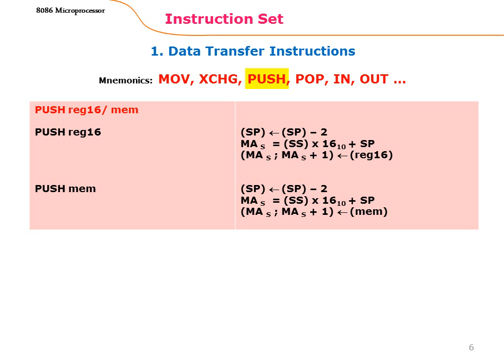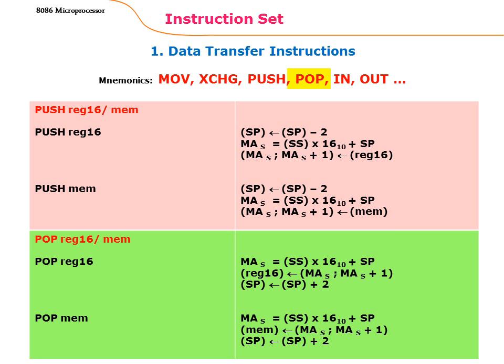Whenever the push instruction is executed, the stack pointer is decremented by 2, and the contents of the stack segment are added with the contents of the stack pointer in order to get the 20-bit exact address. Next, pop. Pop instruction is used to pop the contents of the top of the stack by incrementing the stack pointer by 2.